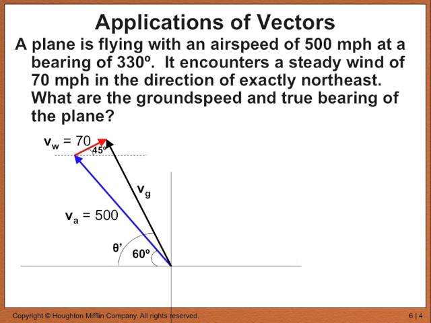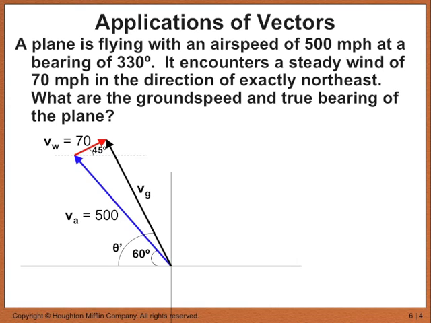In this case, what we would think of with vector v sub a and vector v sub w is that they are acting together to produce a result. And the resultant vector is v sub g. Okay, so we can see that if we're looking at this in terms of vector addition, v sub a plus v sub w equals v sub g.